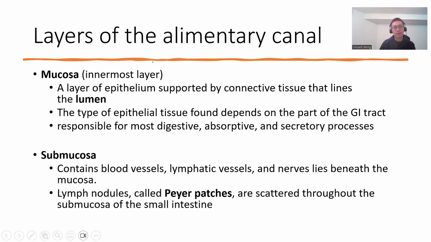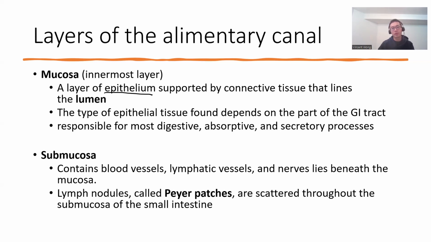It's a layer of epithelium. We learned about epithelial tissue last semester. And depending on which part of the GI tract we're talking about, the type of epithelial tissue is going to be different. Some parts are going to be squamous, some parts going to be columnar. It really depends, and I'll go through them with you as we get to those parts.